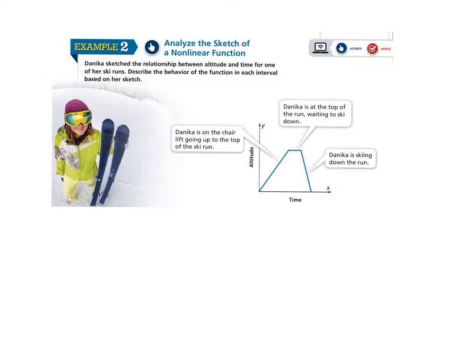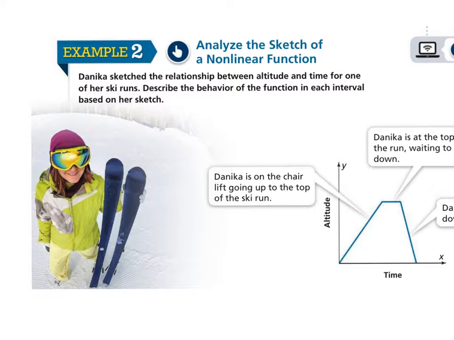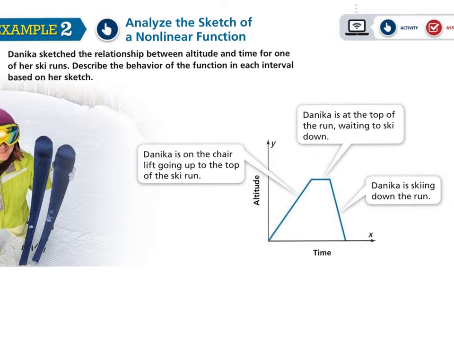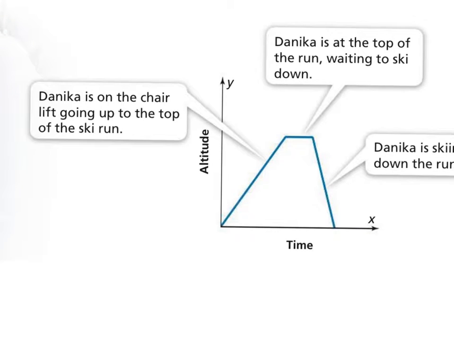Example 2, similar to what we did in the last lesson. Danica sketched the relationship between the altitude and time for one of her ski runs. Describe the behavior of the function in each interval based on her sketch. So the first one here, we're looking at altitude and time. To start off with, you can see over time here, her altitude is increasing.